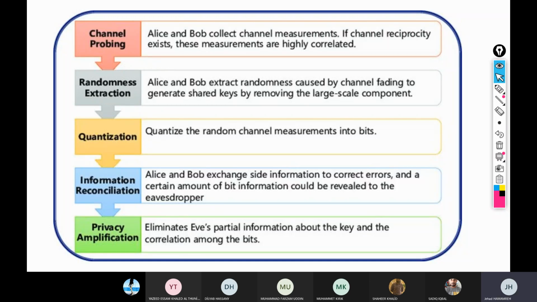So here it means that you utilize the small scale fadings in order to generate random bits, which means that you don't utilize path loss for extracting random bits because there is not much randomness in path loss.